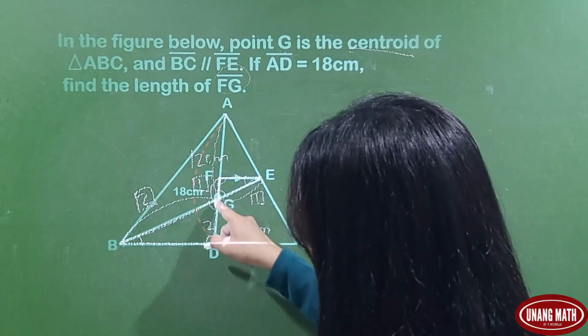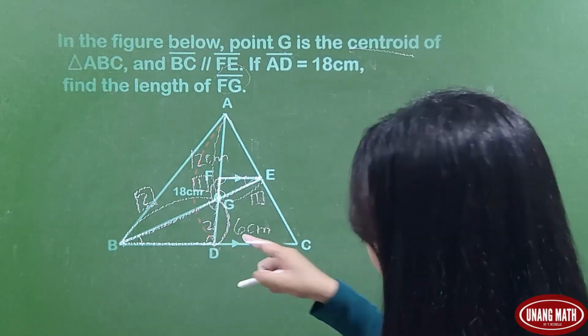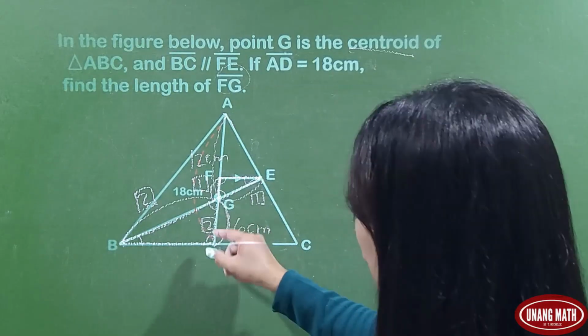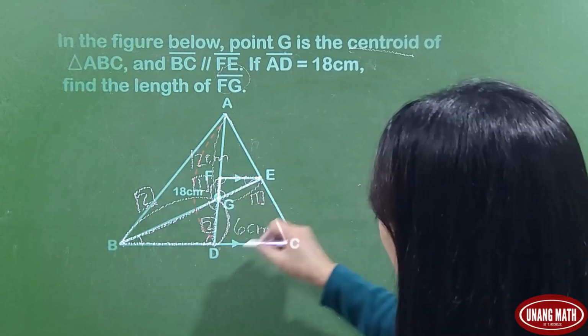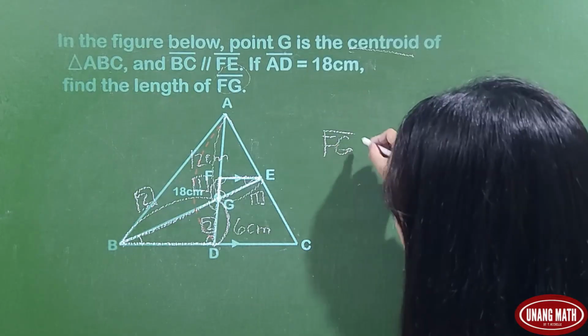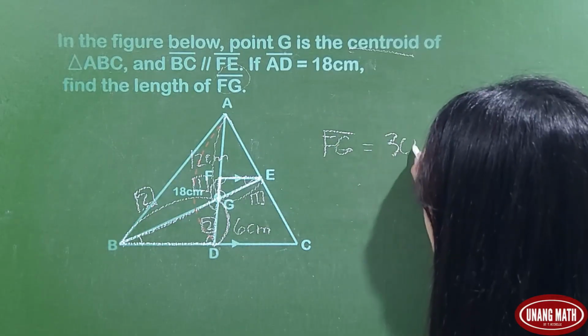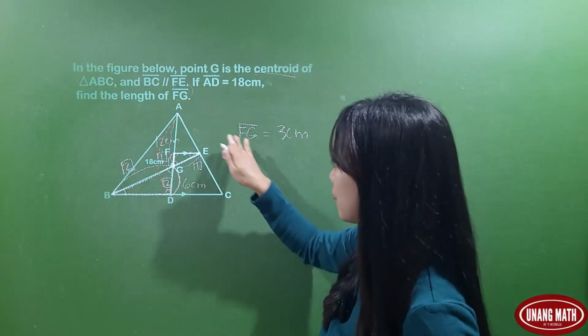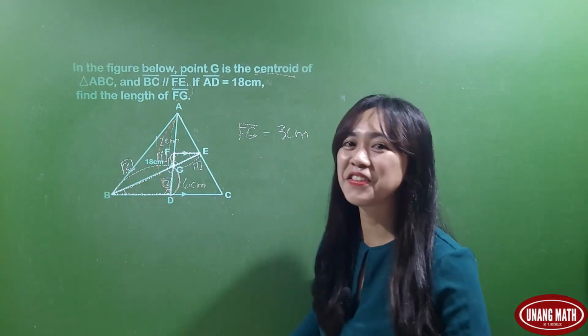We already got the measure of segment DG, which is 6 centimeters, and it's in the ratio 2. So segment FG in the ratio 1 is equal to 3 centimeters. So the length of segment FG is 3 centimeters.